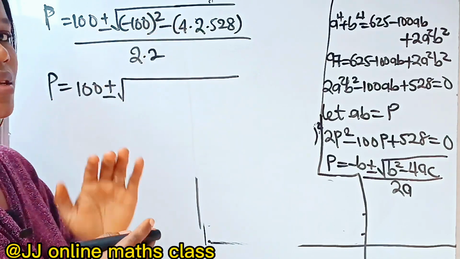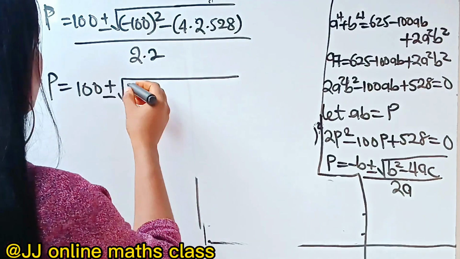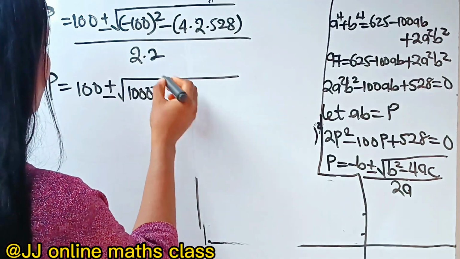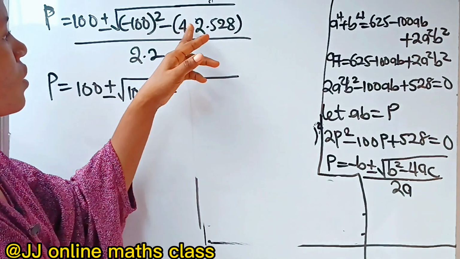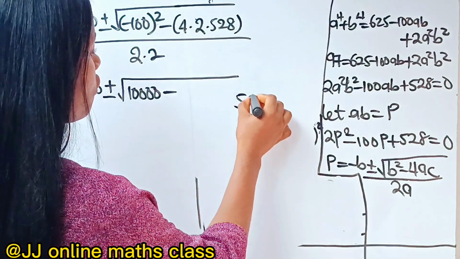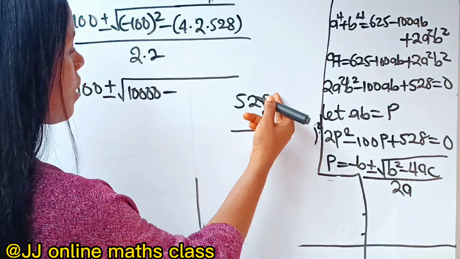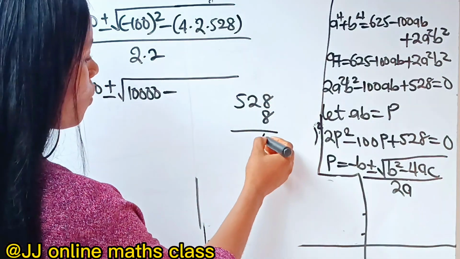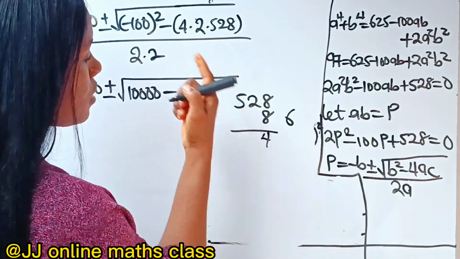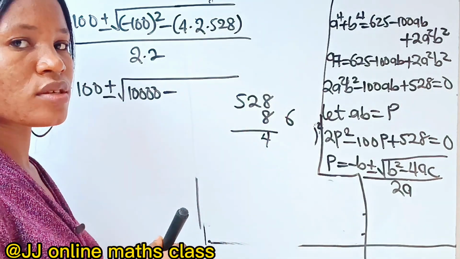Now 100 squared is what? 100 times 100, which will give us 10,000. So we have 10,000 minus, now 4 times 2 is 8. 8 times 528. 528 times 8. So we now have 8 times 8 is 64. Write 4 and carry 6. 8 times 2 is 16, plus 6 is 22.